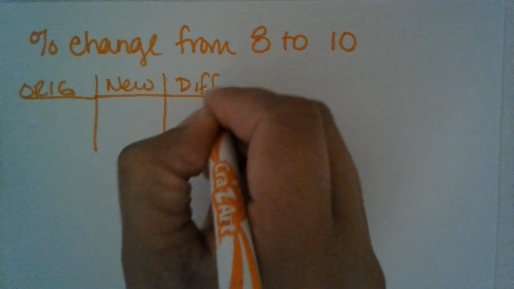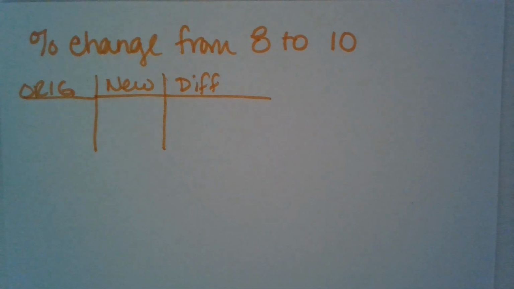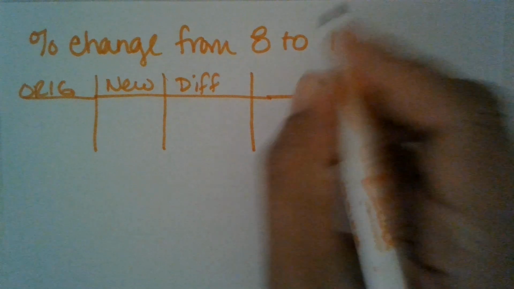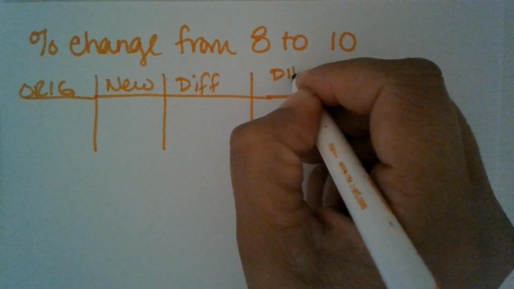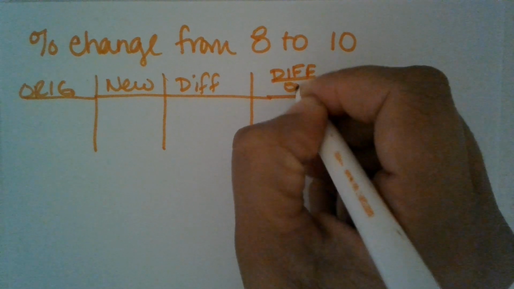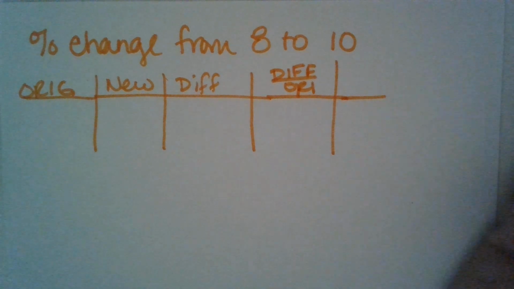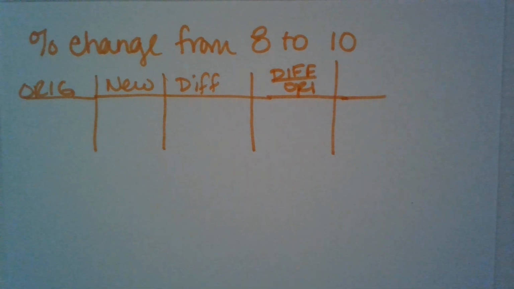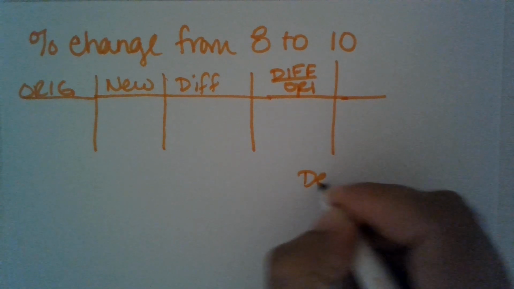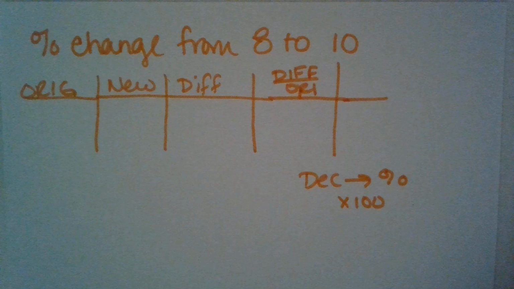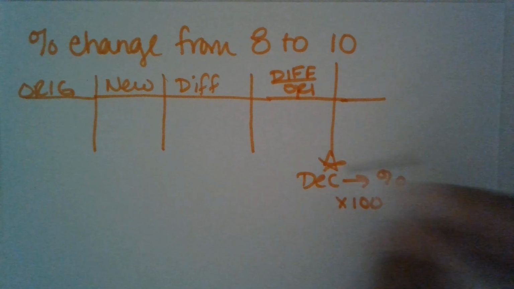I need to find the difference between them as well, because I want to know how much did I go up or how much did I go down. And then I'm going to take the difference and divide by the original, which will give me that decimal. And remember, the decimal has to be changed to a percent. So from a decimal to a percent, you have to multiply by 100. So don't forget that piece at the very end.